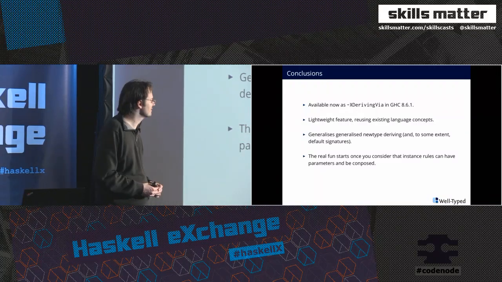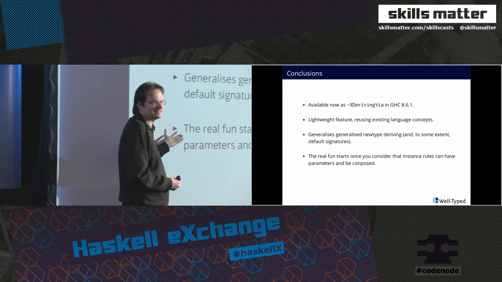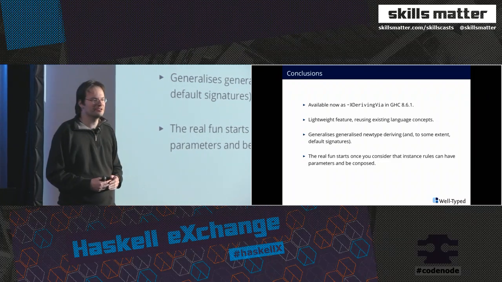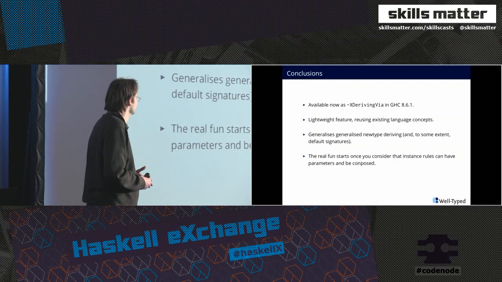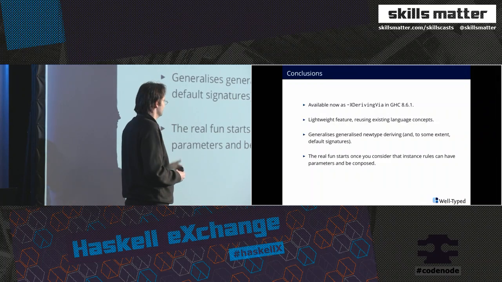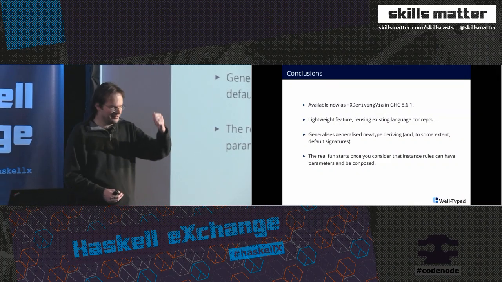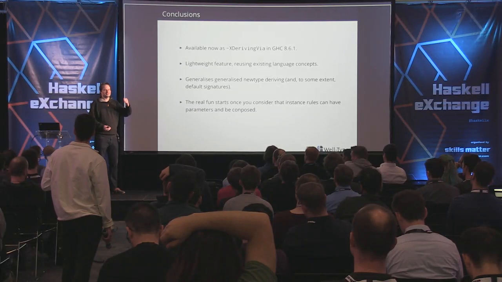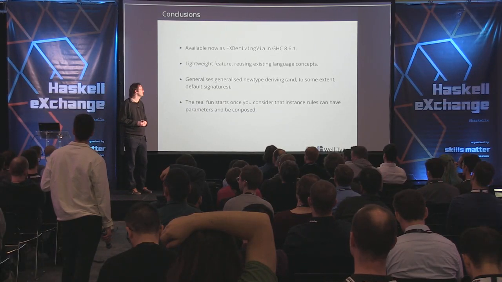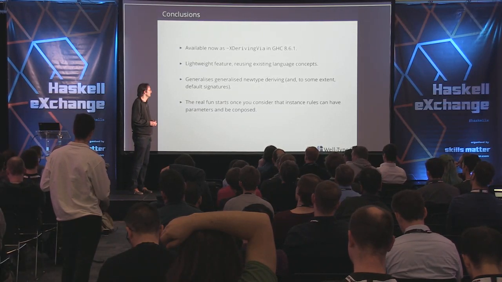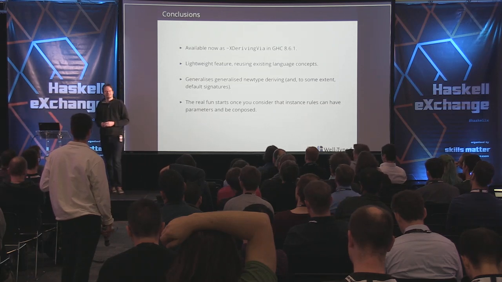A very nice example is this capabilities library, for which there was just a blog post by Tweag.io. They use DerivingVia in ways where they actually chain 5 rule applications together and things like that. So that's very nice. Okay, that's what I wanted to say.